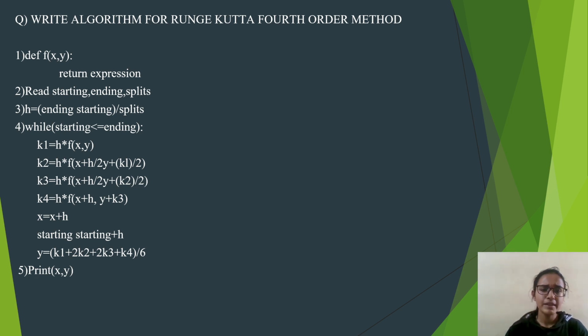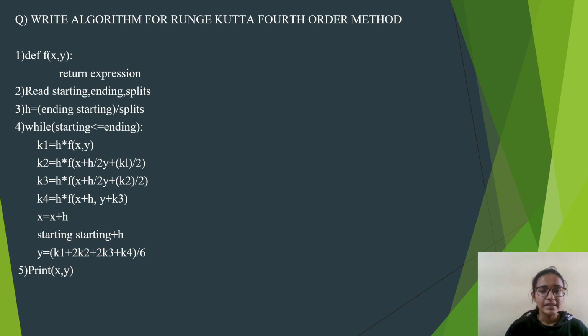First of all, we read the starting point, the ending point, and the number of splits, from which we calculate the value of h, that is ending minus starting upon number of splits, which we have taken as input. Then we take a while loop which runs for each iteration from start to end. As soon as start becomes end, the loop terminates.